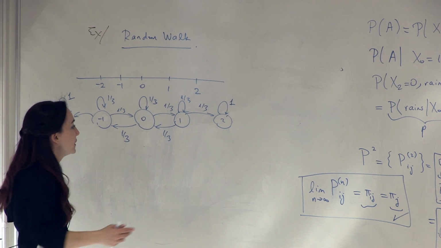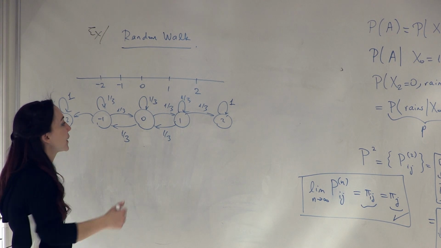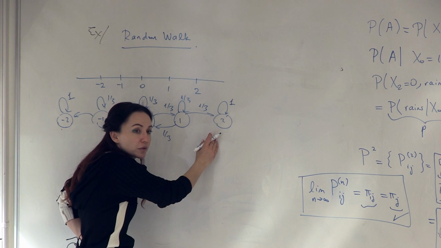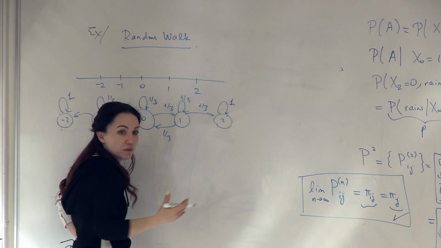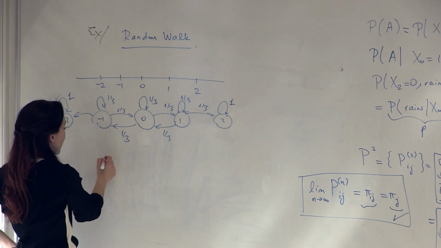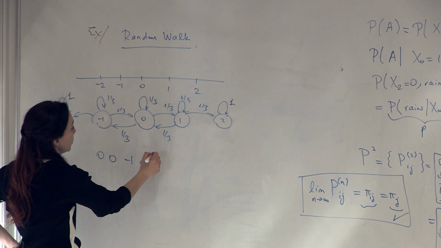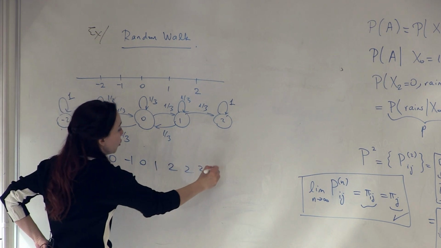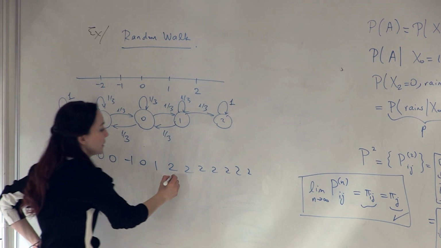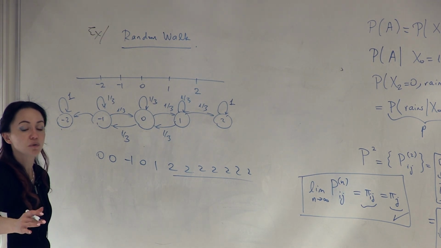So what is the probability that I go to 2 before going to -2? In this chain, if I go to 2, I am absorbed. That sample path would be like 0, 0, -1, 0, for example, 1, 2, and then it is all 2s. That is the kind of sample path that will end in an infinite sequence of 2s.